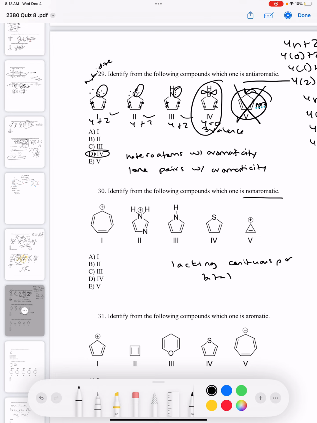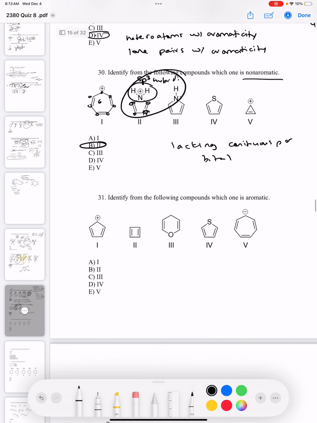But I'm looking at these and all these look like they would be aromatic to me, because this has 6 electrons and an unbroken chain of p orbitals. There's one at each one of these. This has, oh, I see why. This has an unbroken chain of p orbitals through here, but this nitrogen has 3 bonds to it, so it's sp3 hybridized. So this one does not have a continuous chain of p orbitals, so answer 2 is the answer there.